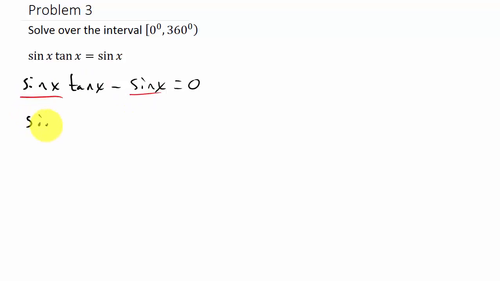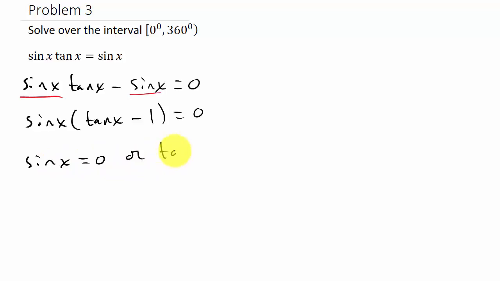And so that will leave me with sine x times (tangent x minus 1) equals 0. And then I'll set each factor equal to 0. So sine x equals 0, or tangent x minus 1 equals 0. And here we would get tangent x equals 1.